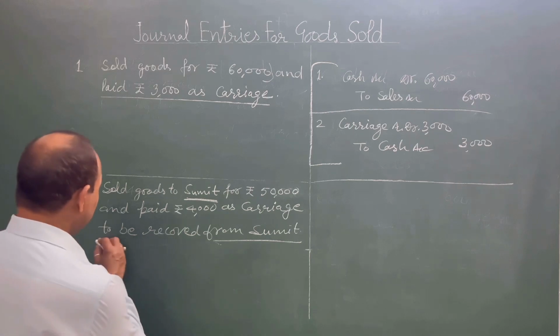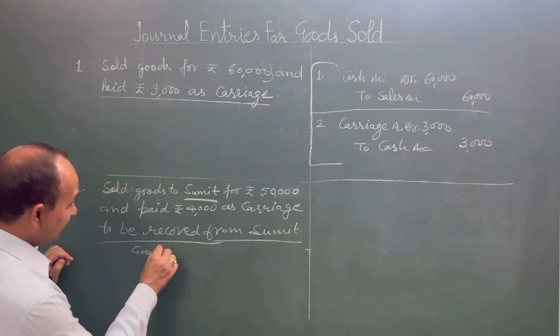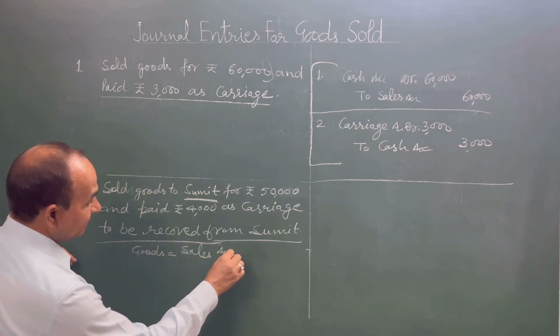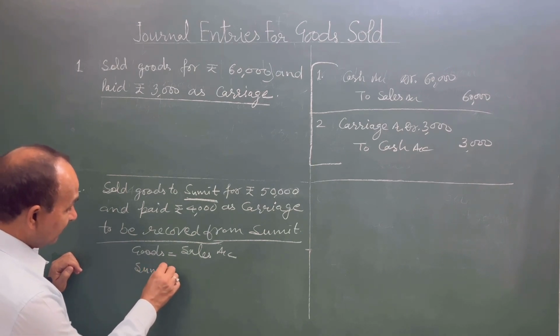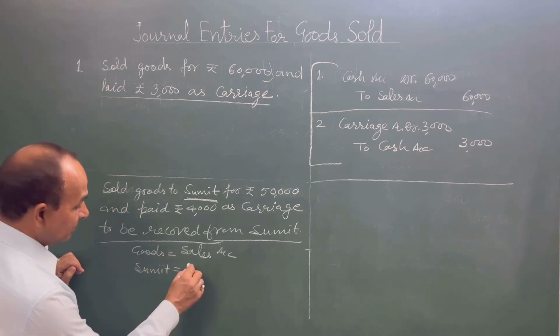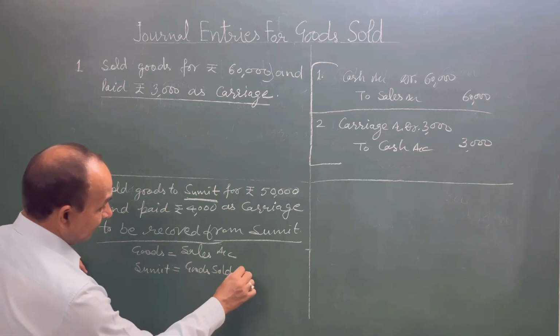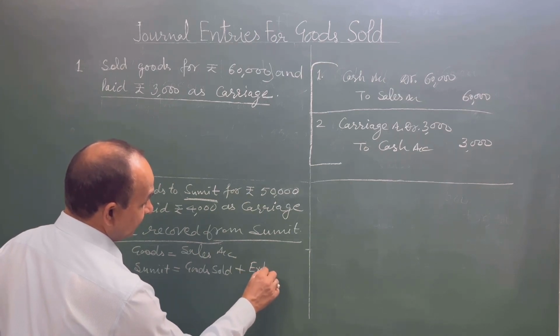So how many accounts are involved here? See, one is goods. Goods means sales account. Second, Sumit, to whom we sold the goods, for goods sold plus expenses to be recovered from him.